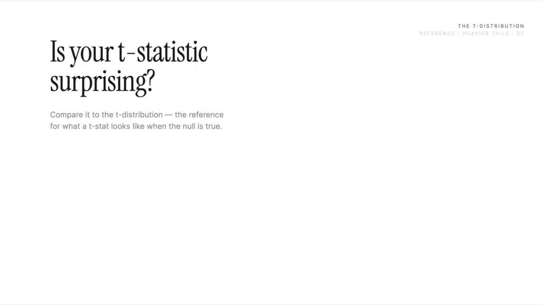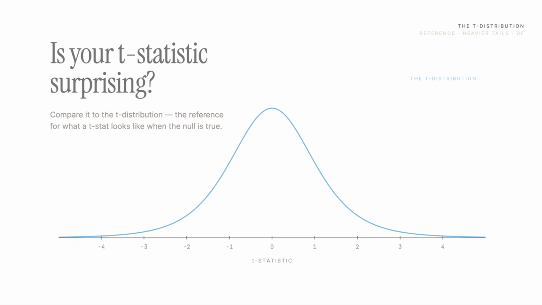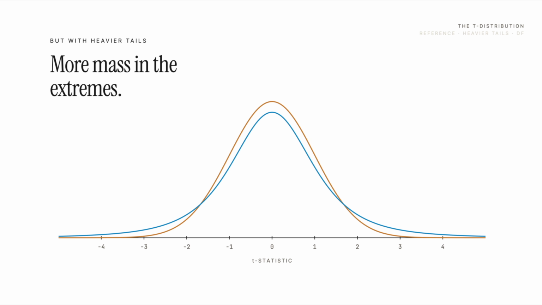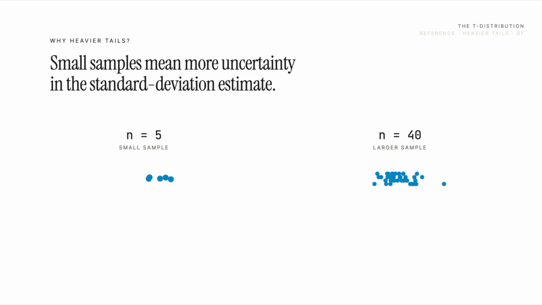Once you have a t-statistic, you need to know whether it's surprising if the null is true. You compare it to a t-distribution. The t-distribution is similar to the normal distribution, bell-shaped, centered at 0. But it has heavier tails, especially with small samples. Why? Because when your sample is small, your estimate of the population standard deviation is uncertain.